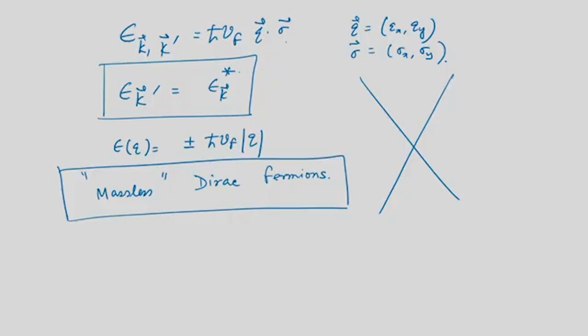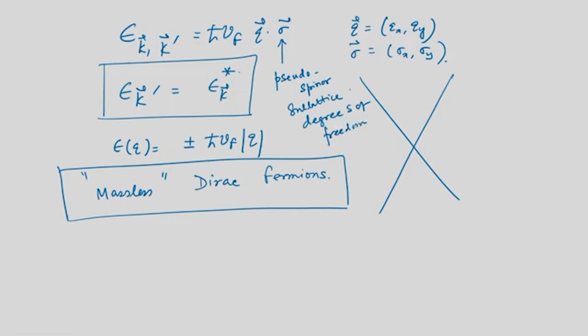There is just one word of caution that I want to talk about here. This sigma does not denote the real spin of the electrons. That's why it's called a pseudo spinor, and it denotes the sublattice degree of freedom, that is A and B. Okay.